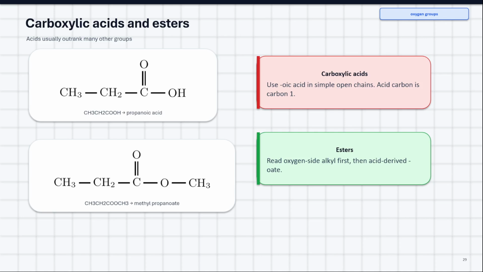You name the oxygen side alkyl group first, then the acid-derived -oate part. For CH3-CH2-COOCH3, the oxygen side group is methyl and the acid-derived part is propanoate. So the name is methyl propanoate.